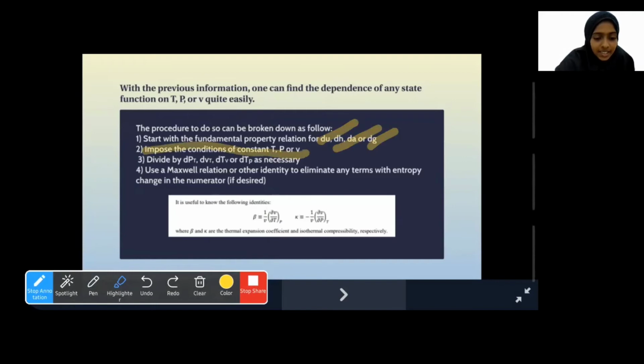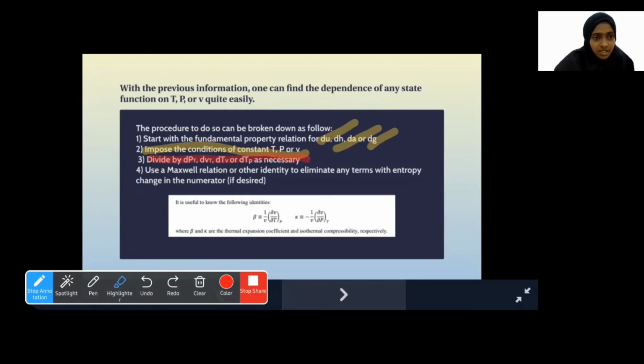Next, we divide it by dP at constant T, or dV at constant T, or dT at constant V, depending on the terms that we are going to find. And lastly, this is optional, by the way. We can use a Maxwell relation to eliminate any terms with entropy change.